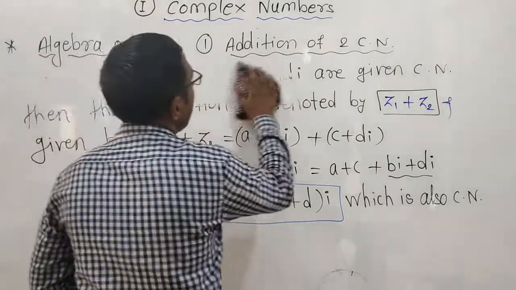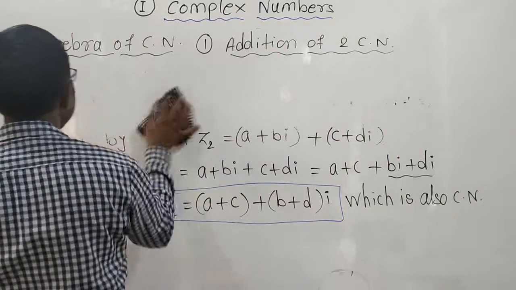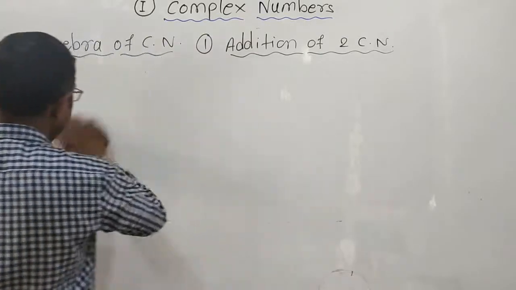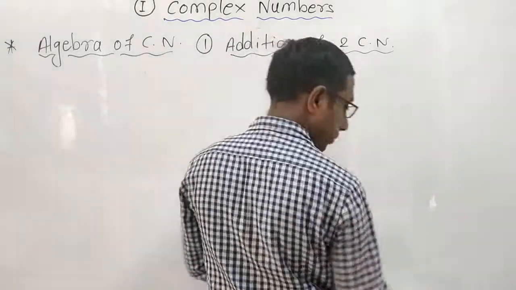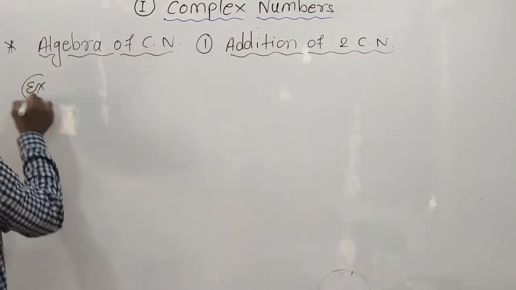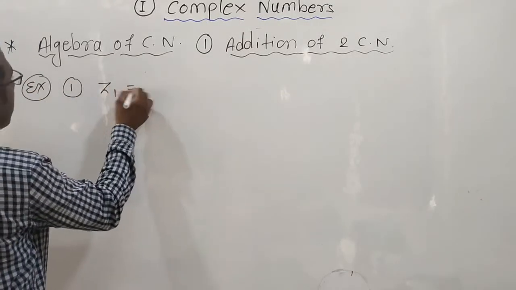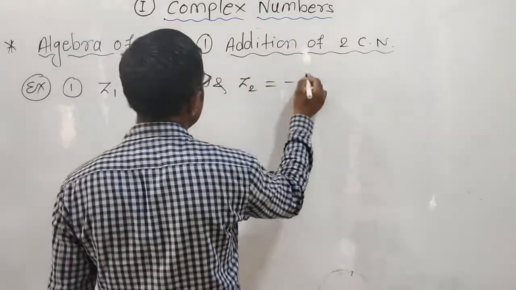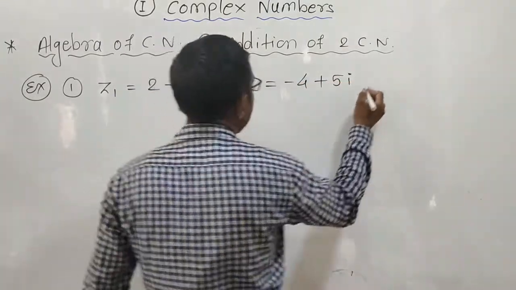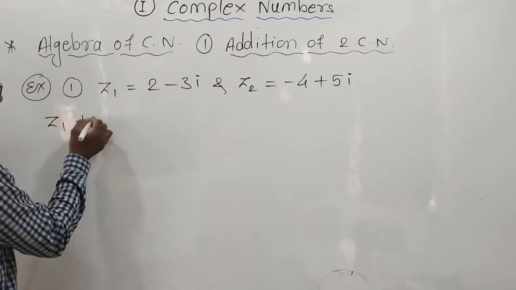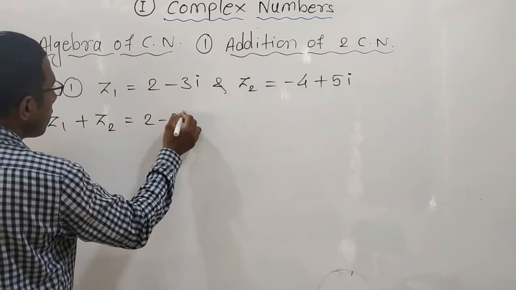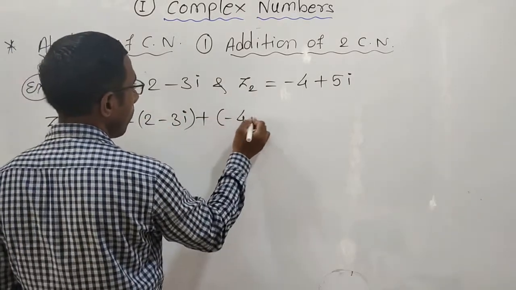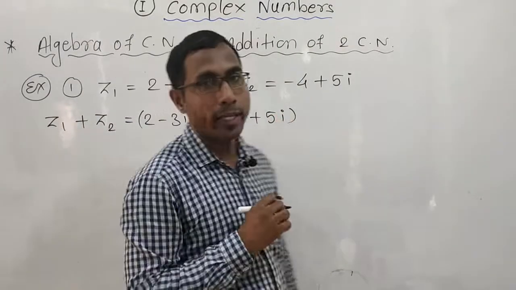Now let's see an example of addition of two complex numbers. First one, z1 is equal to 2 minus 3i and z2 is equal to minus 4 plus 5i. Find z1 plus z2. z1 is 2 minus 3i plus z2, putting brackets, minus 4 plus 5i.